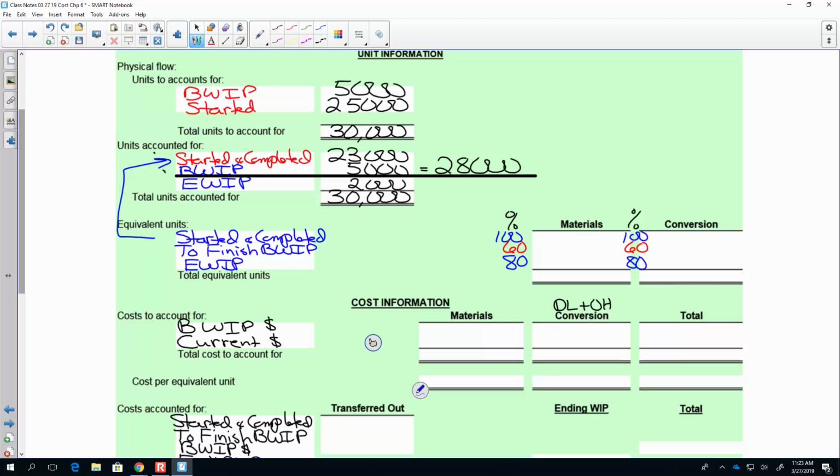Started and completed, right? 23,000. 60% of what? 5,000. 5 is 3. 80% of 2,000 is 2. Is everybody looking okay on this?